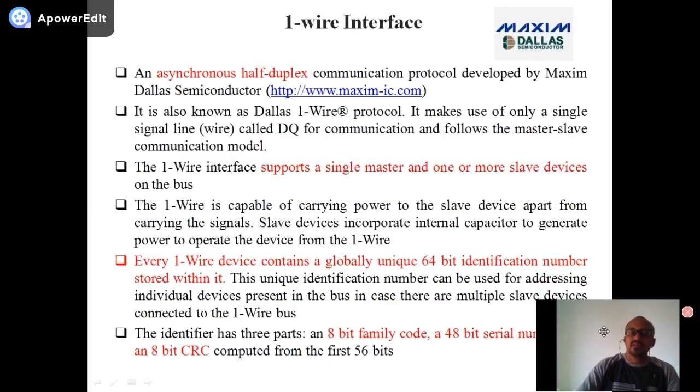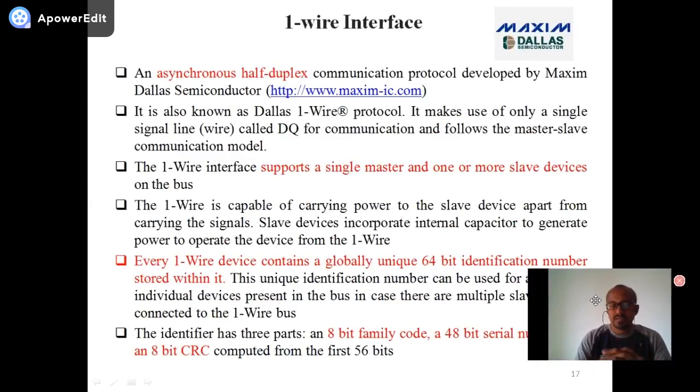Next in this line of onboard communication protocols is the one wire interface, and this one was introduced by Maxim Dallas Semiconductor Company. It is an asynchronous half duplex communication protocol.